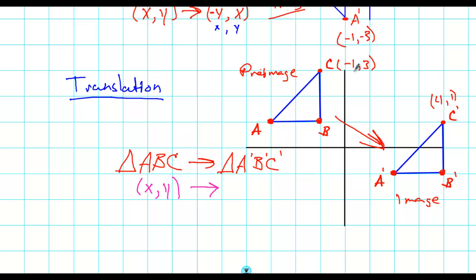So we're going to look at the x and the y of point C and see what happened to them to turn them into the x and the y of point C prime. I'm going to start with the x value, and right here, the x value is -1. So how do I get to an x value of +4? Well, it's pretty simple. I go 1, 2, 3, 4, 5.